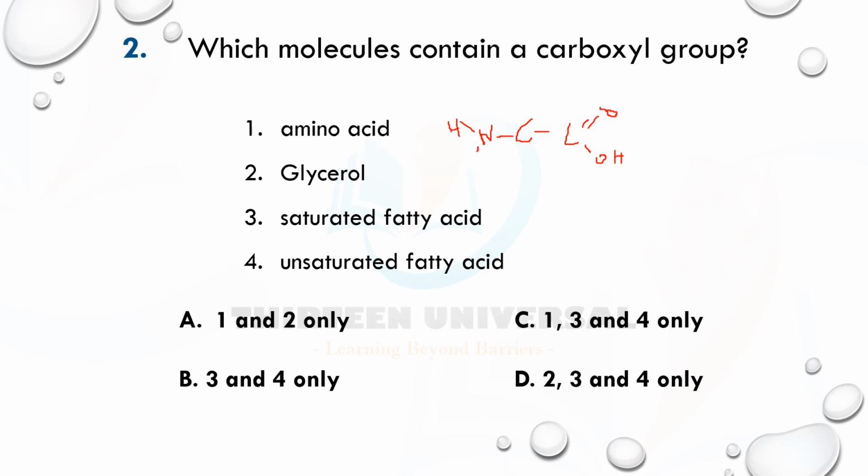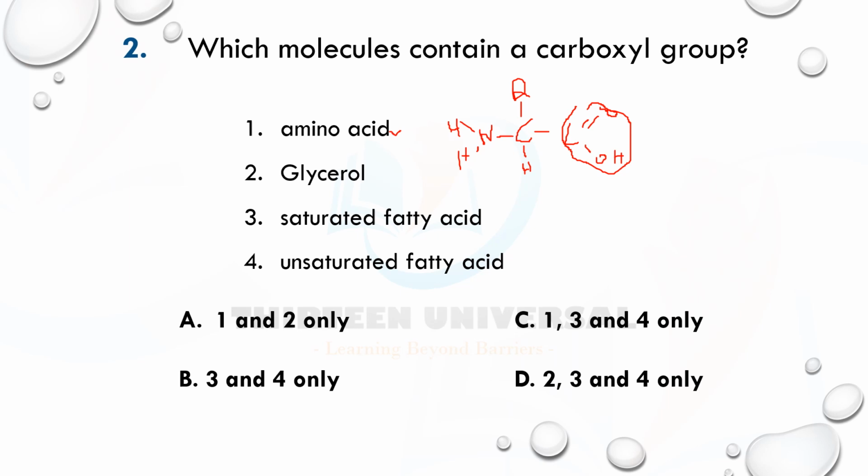That's all we needed. The entire structure of amino acid, if you put R here, that is the R group, and H here. This is an amino acid. What differentiates them is just the R group. But the point is that amino acid has a carboxyl group, COOH.